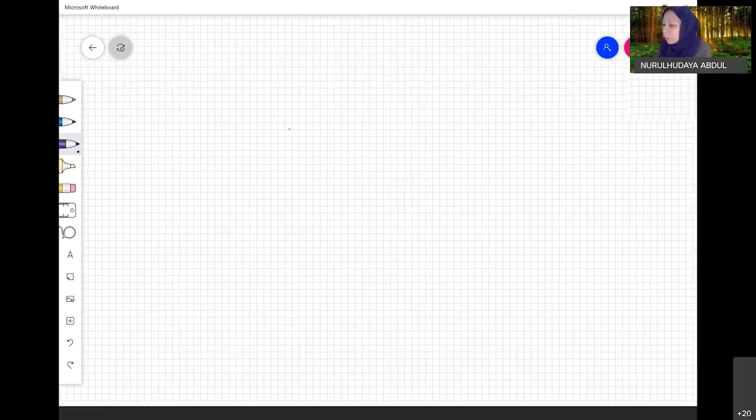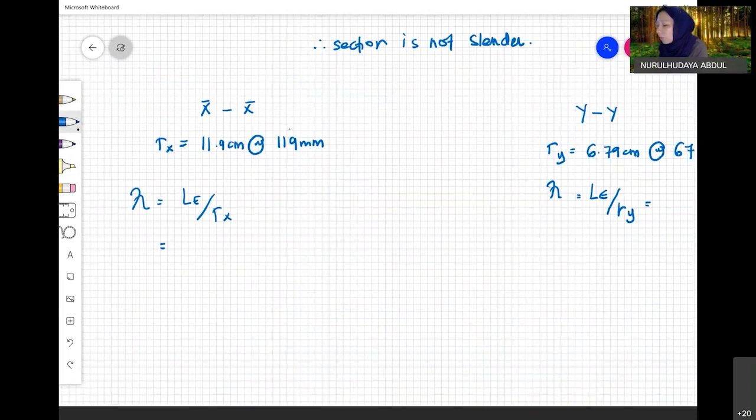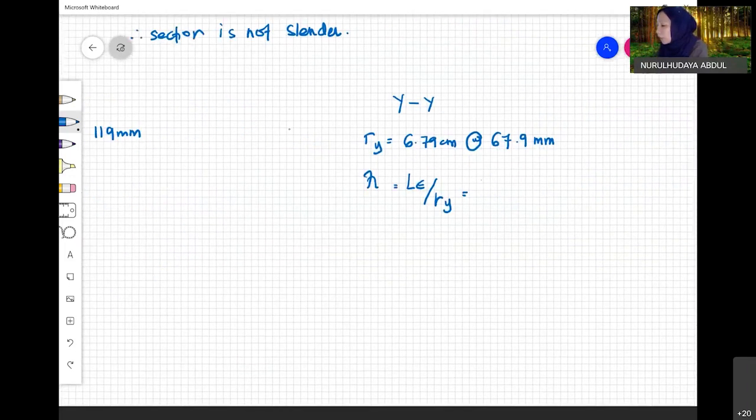Okay, when we going to calculate for this one, effective length. So RIC you dah tukar jadi mm. So you punya effective length also you kena tukar dia in millimeter. Okay, 7,000 millimeter divide by 119 millimeter. Sama juga kat sini. 7 meter tukar jadi millimeter.